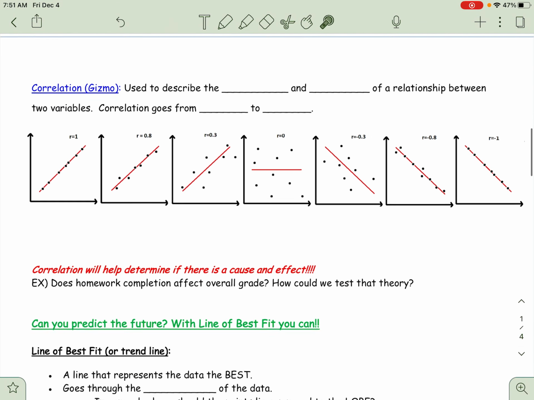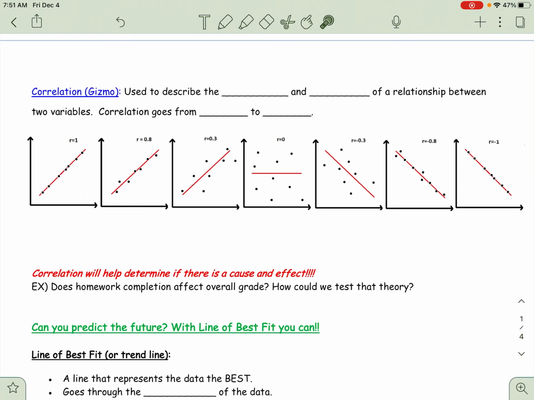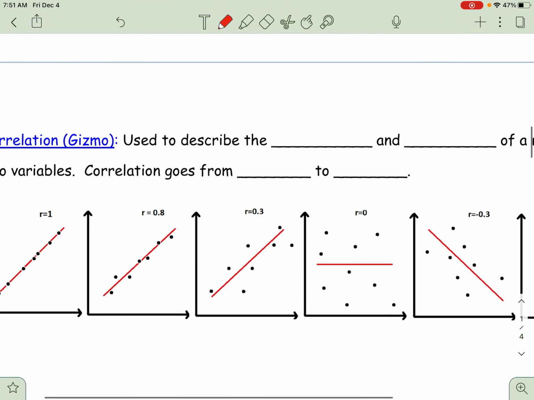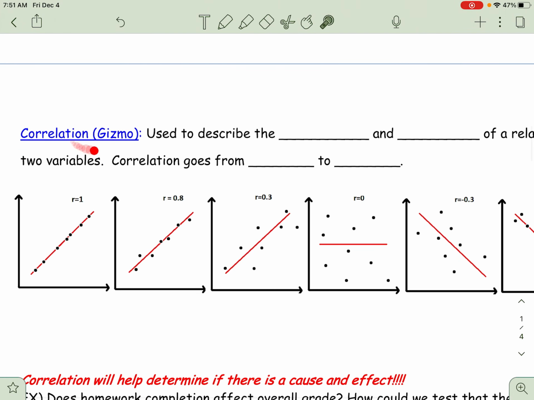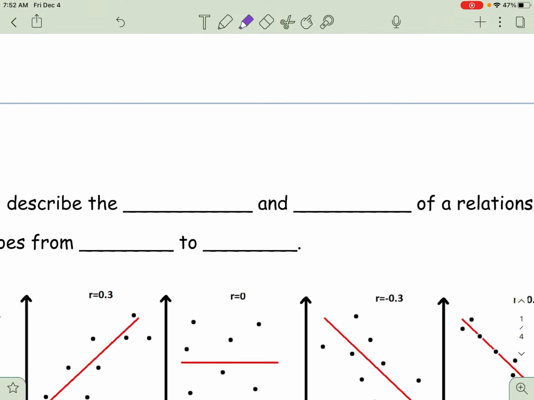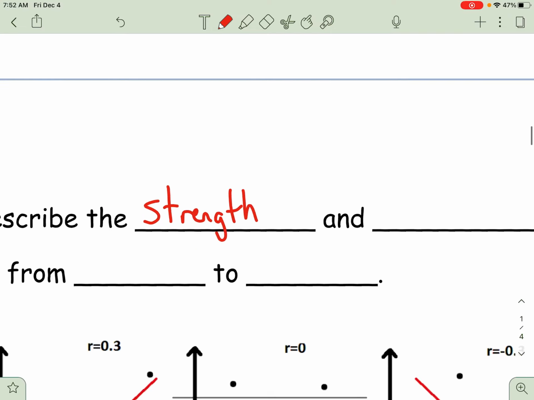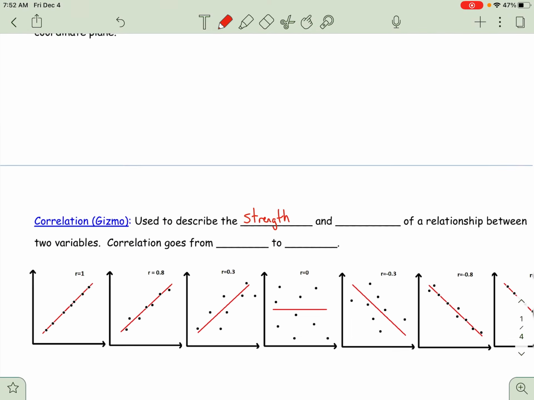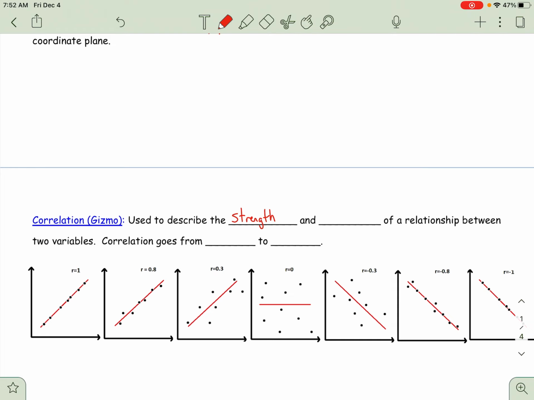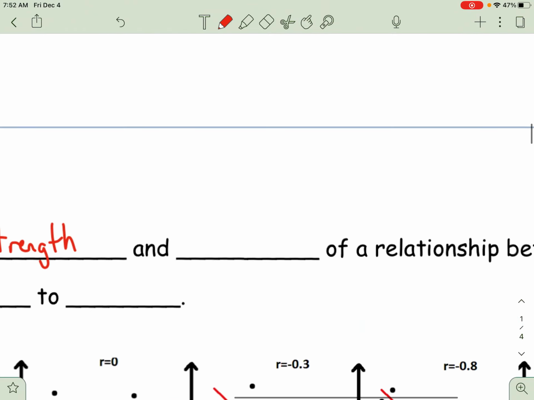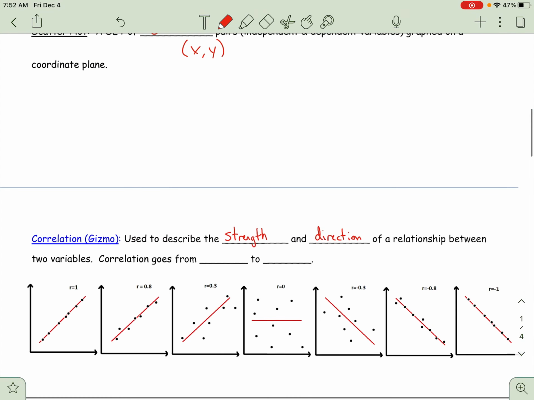All right, so why is all this stuff important? Well, as I mentioned, it has to do with correlation. There's a gizmo right here, a link that you can always click. It'll help you if this isn't making sense. Correlation is used to describe the strength and direction of a relationship between two variables.